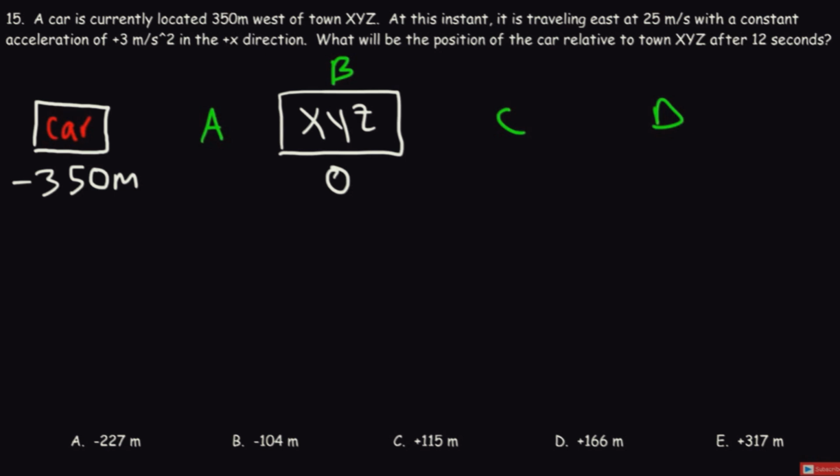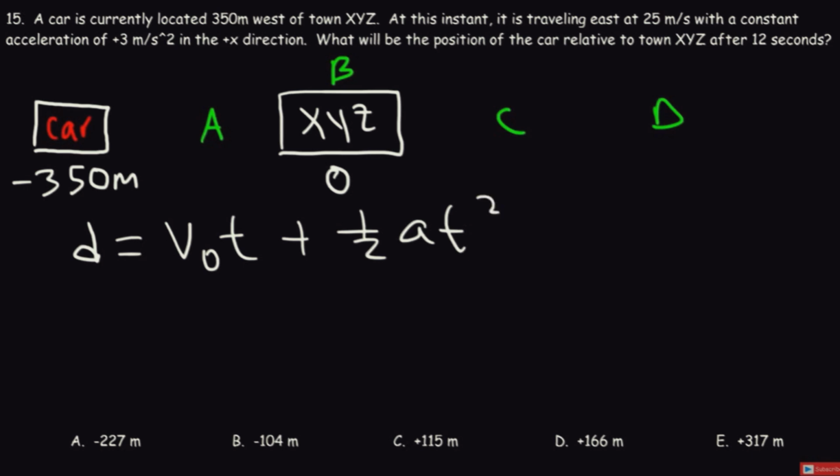So what equation can we use in this example? Displacement is equal to the initial velocity multiplied by the time plus 1/2 a t squared. Now the displacement is also equal to the final position minus the initial position. So we therefore have this equation.